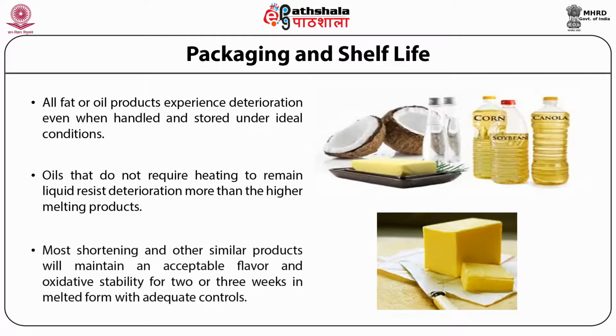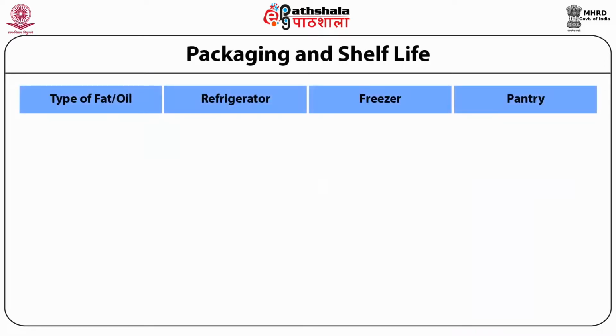Most shortening and other similar products will maintain an acceptable flavor and oxidative stability for 2 or 3 weeks in melted form with adequate controls. This table is depicting the shelf life of different types of fats and oils.